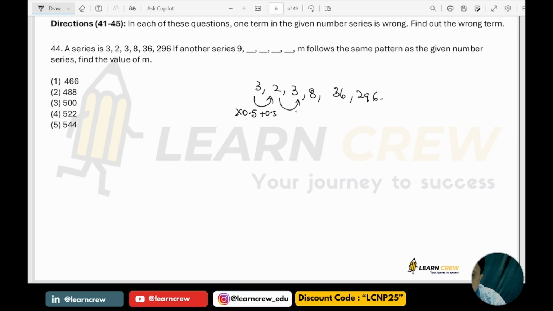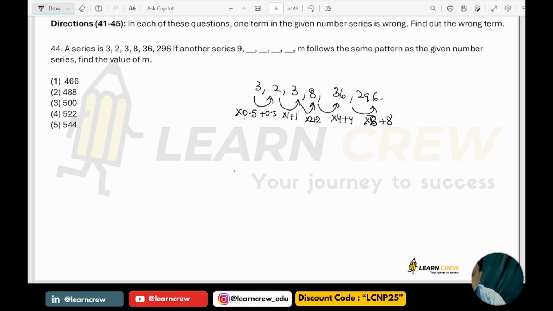Then 2 into 1 plus 1 is 3. Then 3 into 2, 6 plus 2 is 8. Then 0.5 becomes 1, 1 becomes 2. 8 fours are 32 plus 4, 36. Now 36 into 8, because 0.5 becomes 1, becomes 2, 2 becomes 4, 4 has to become 8. 36 eights are 288. 288 plus 8 is 296.